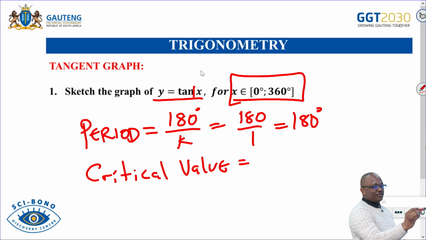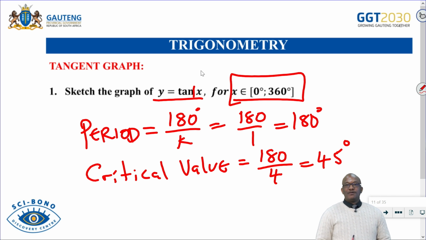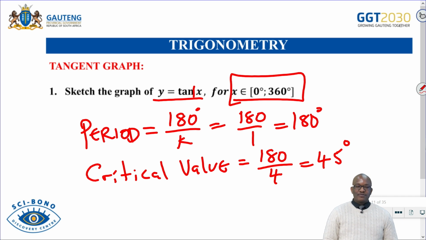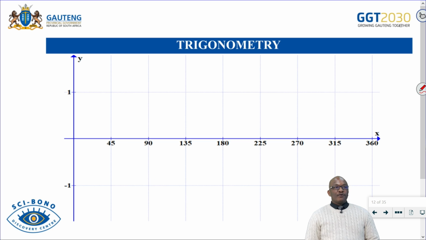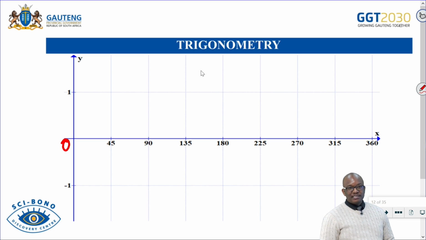So for our critical values, always remember, you will say period, which is 180 divided by 4. In this case, we're going to get 45. So with tan, it goes with an interval of 45. So we are going to say 0, 45, plus 45 is 90, plus 45 is 135, plus 45 is 180, up until 360.